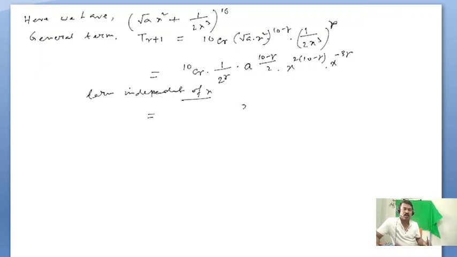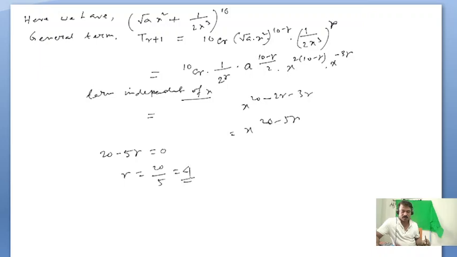So here x to the power 20 minus 2r minus 3r, that is x to the power 20 minus 5r. If the term is independent of x, the power of x should be 0. That is r equals 20 by 5, that is equal to 4.